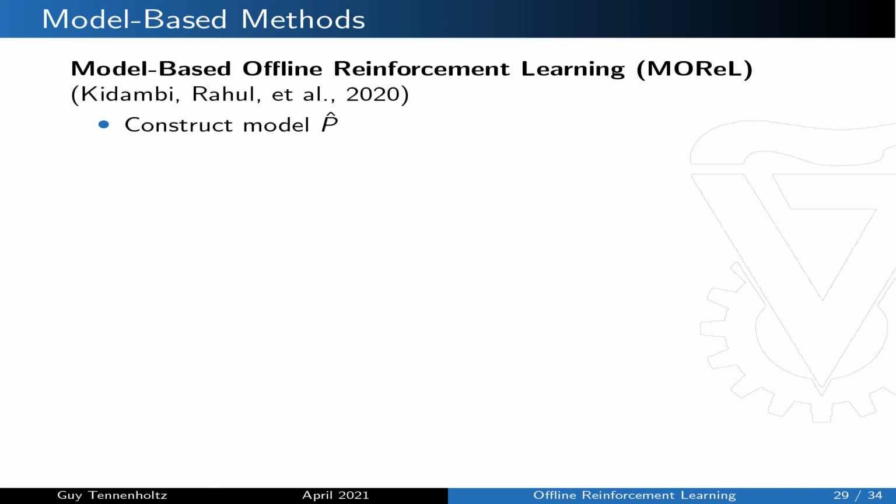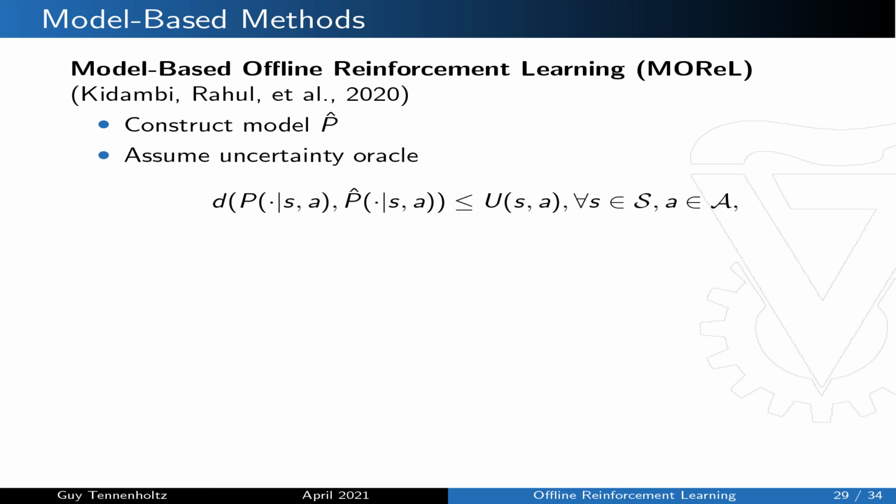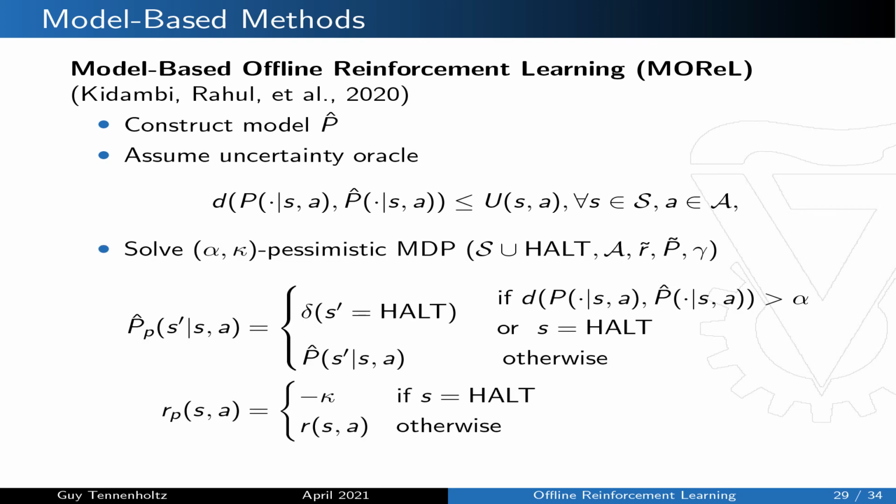Then, assuming we can achieve some kind of uncertainty metric over our model, meaning bound the error between our approximate model and the true model of the world, we could try to solve a different MDP, a pessimistic MDP, in which whenever we reach states in which our uncertainty is too high, we give the agent a negative reward of negative kappa and also terminate the episode.